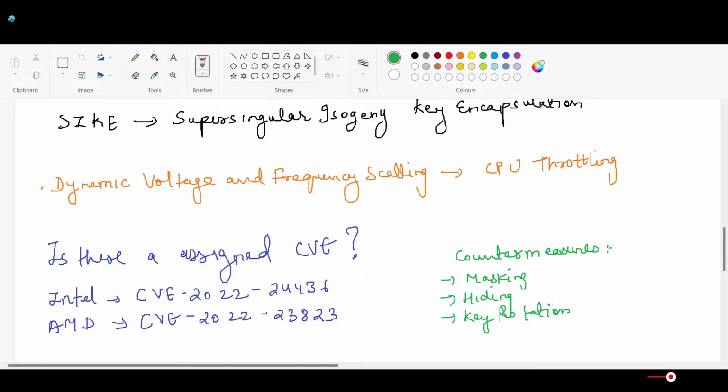This is the countermeasure which is given by AMD.